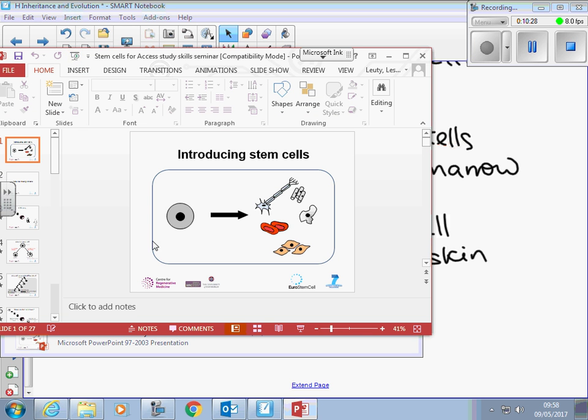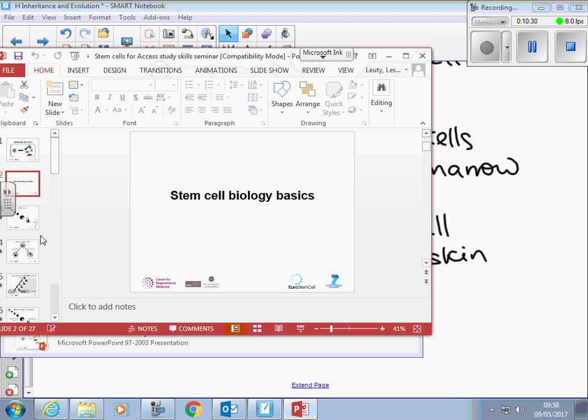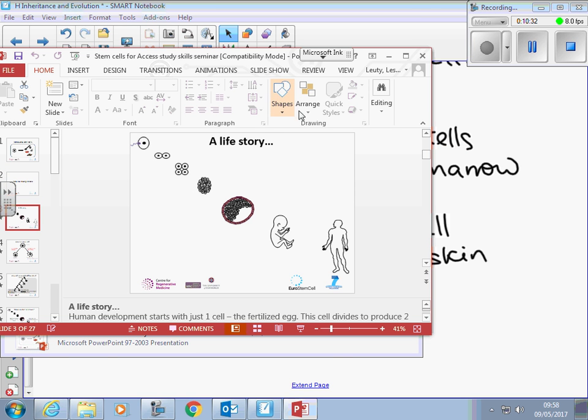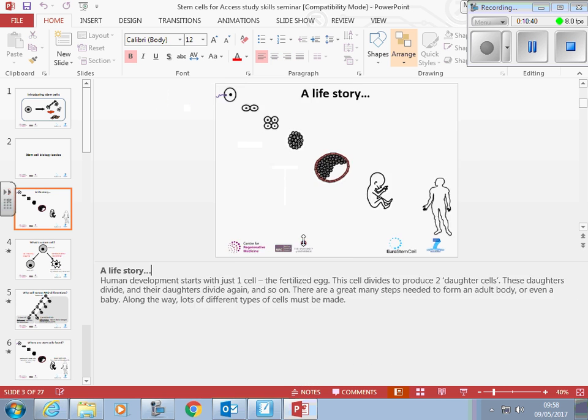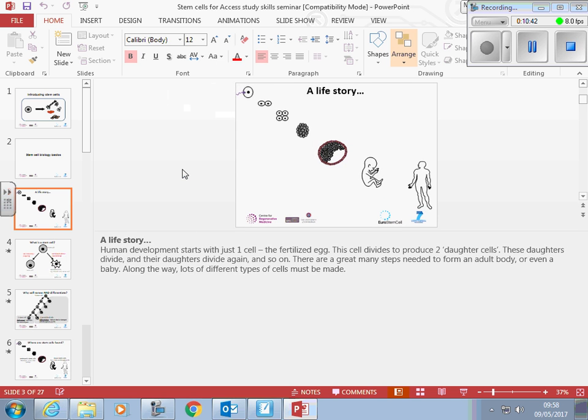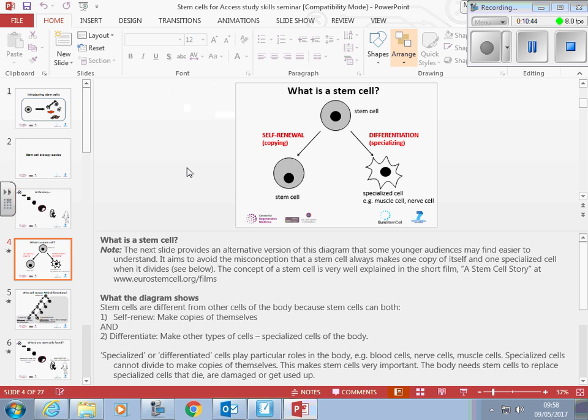There are a lot of notes associated with this, so we'll put it on Moodle. If you look down at the bottom here, there are presenters' notes, which I don't use, but each slide has got notes, and so if you want to read more about it, there's information on there.